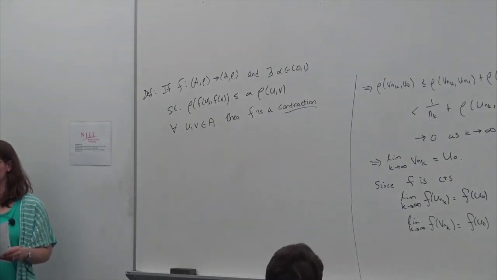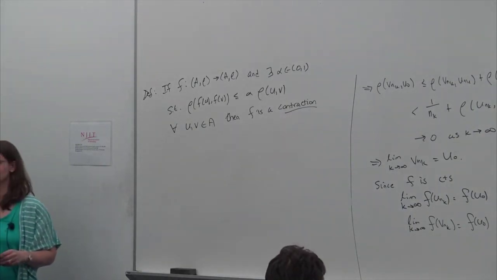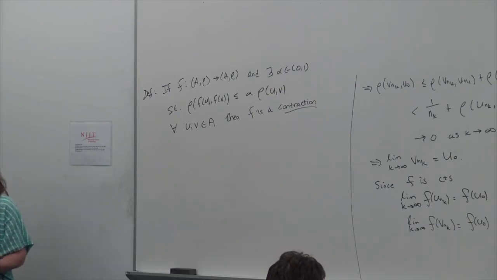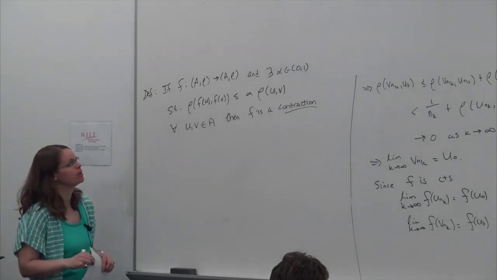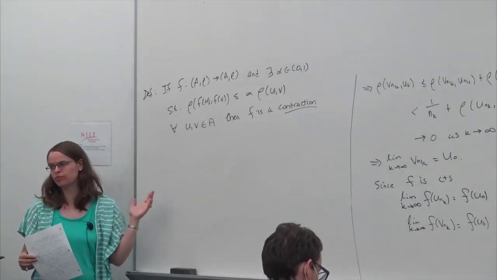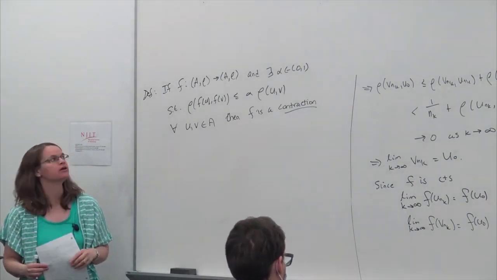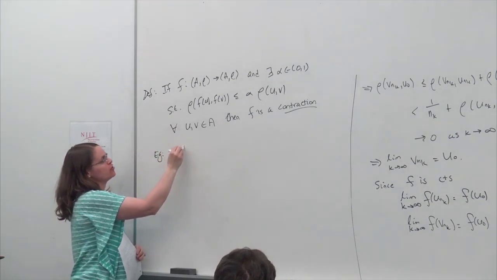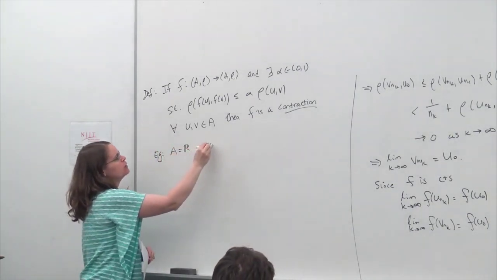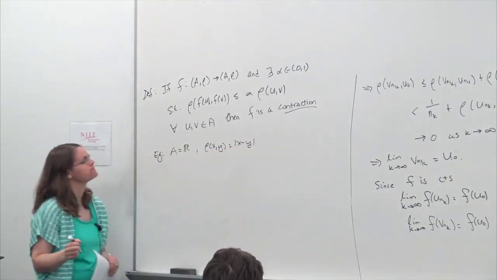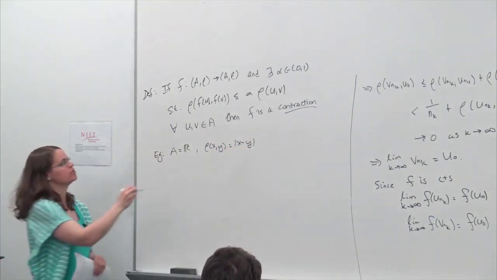So, very good question. You're thinking about things being Lipschitz, and yes, there is definitely an interpretation of this in terms of Lipschitz. So let's think about this for a second. Think about if we were just dealing with the reals under our usual metrics. So for example, if A is the reals and rho is our normal distance, then what does this say?